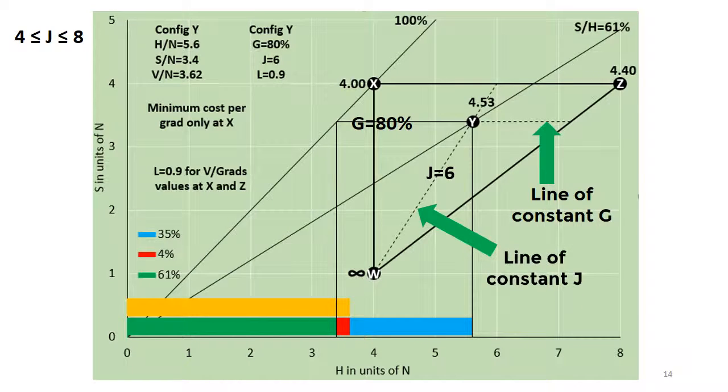The dotted line through W and Y represents a line where J always has a constant value, which in this case is equal to 6.